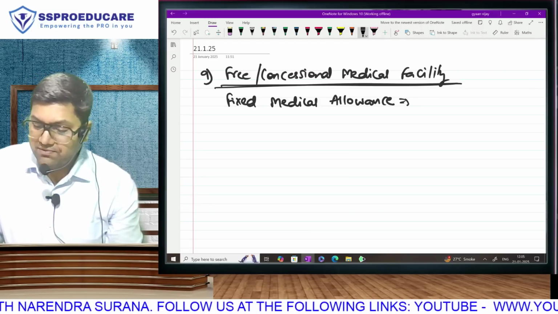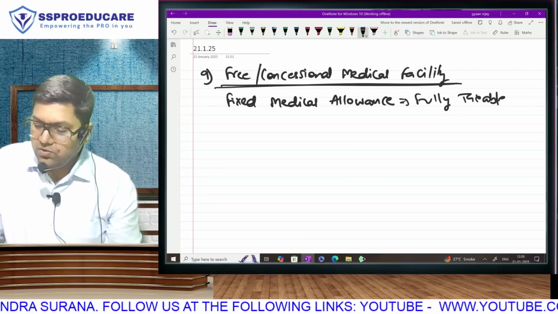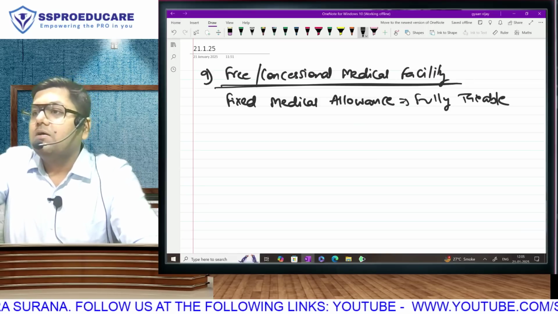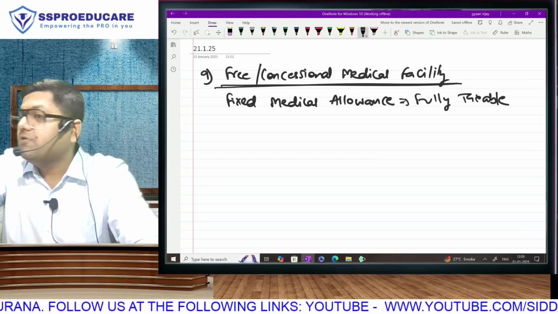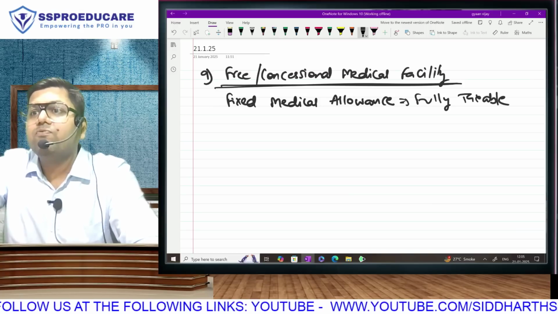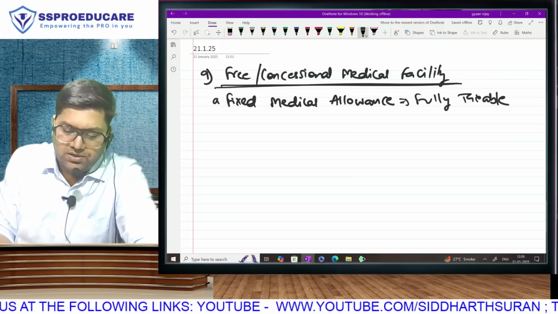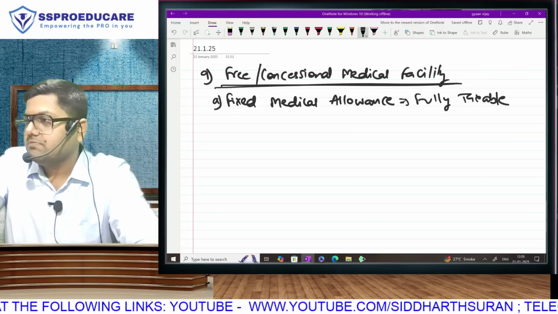And fixed medical allowance is going to be fully taxable. So tax benefit is given only and only on the basis of reimbursements, expenses incurred. If you are getting it as a fixed monthly payment, it is going to be fully taxable.